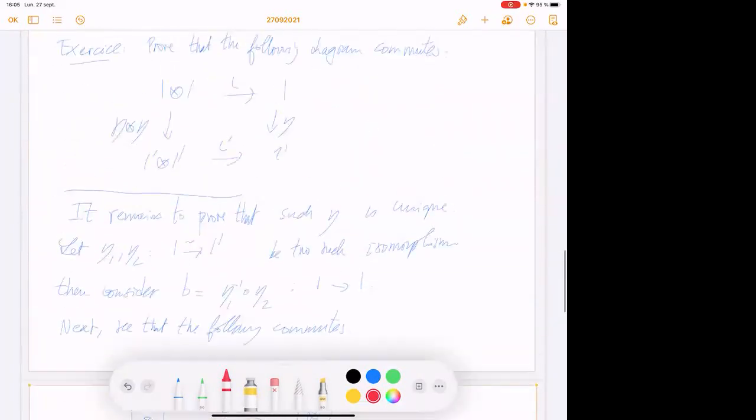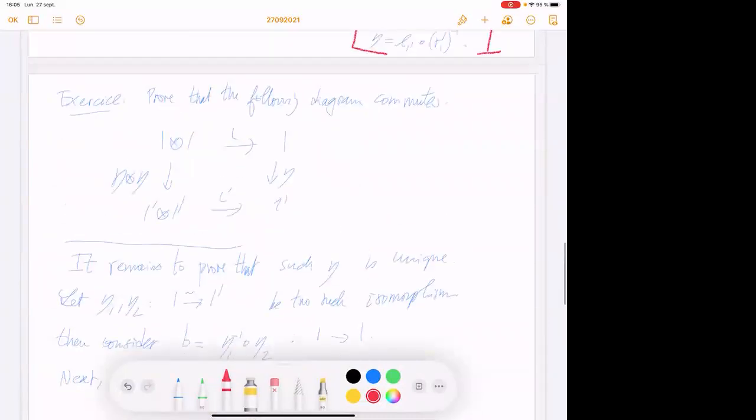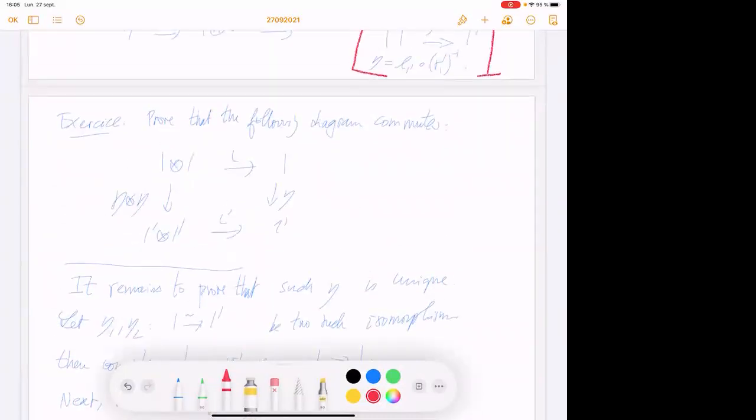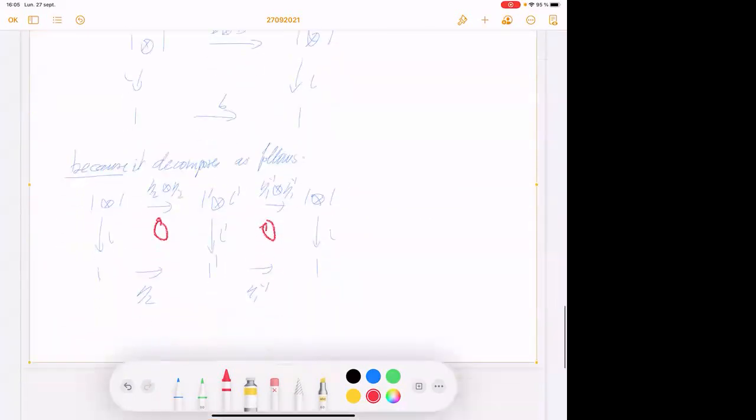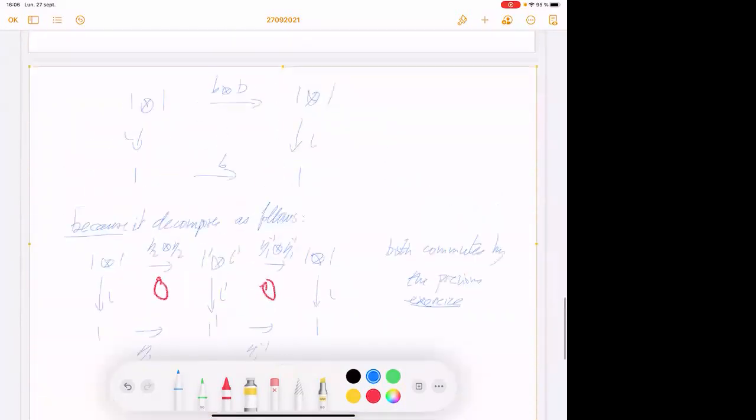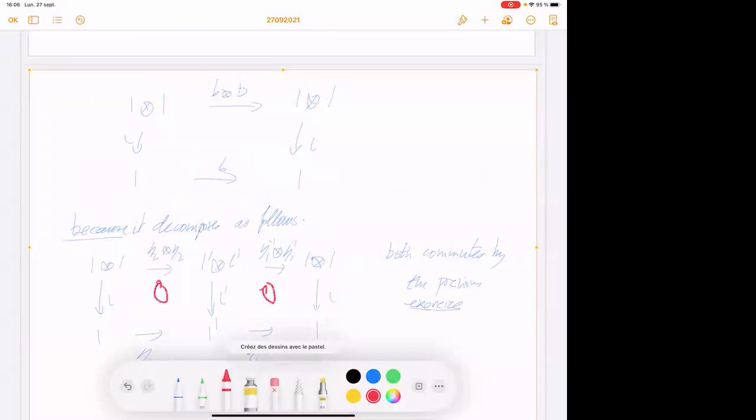In fact, this is what we made here. Just apply this exercise. So both commute by the previous exercise, so this commutes. So this is okay.